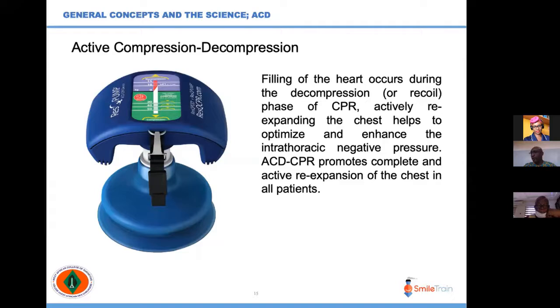And we know that that recoil is passive, a passive mechanism. This device tries to make that active. So it creates an active recoil phase during CPR, re-expanding the chest and allowing intrathoracic pressure to fall. And so it does the same thing.